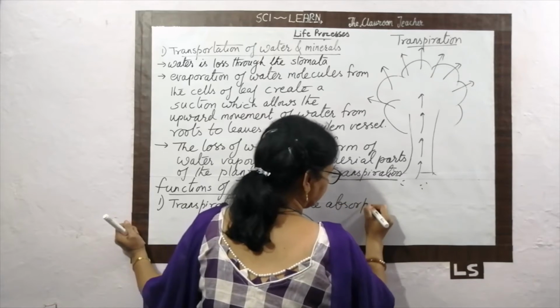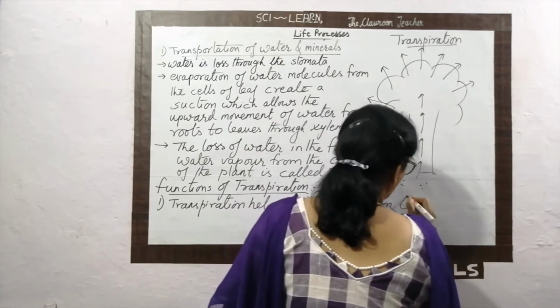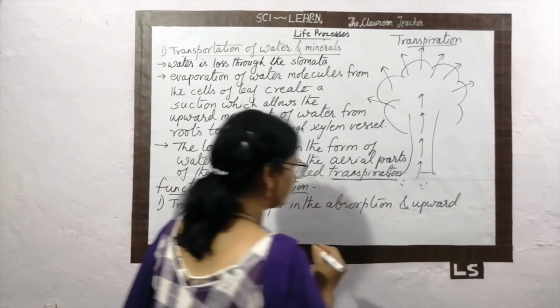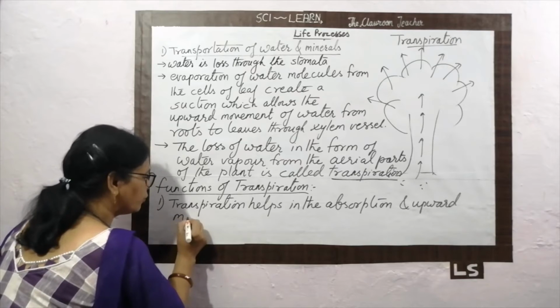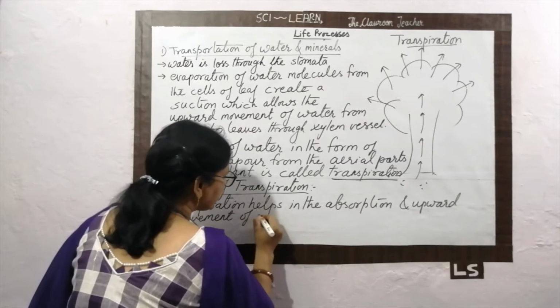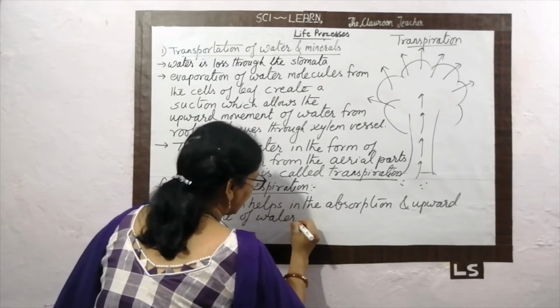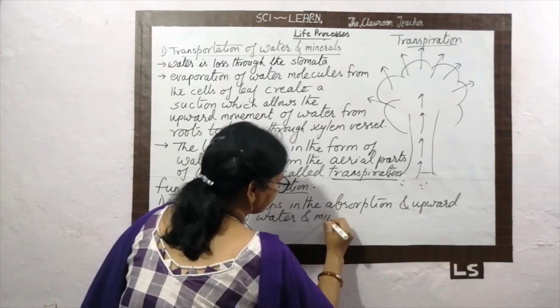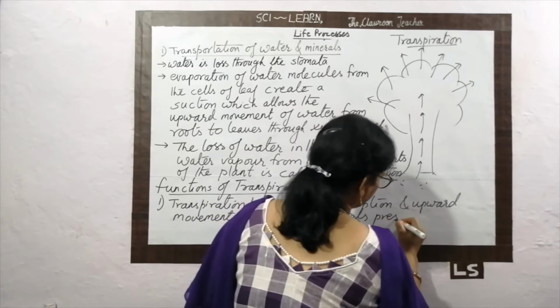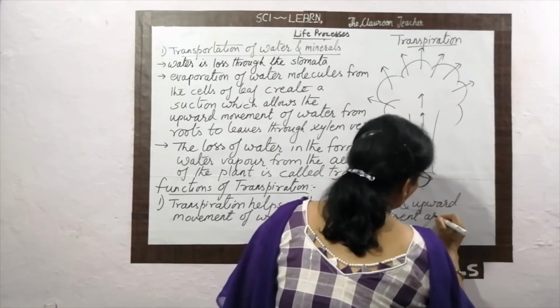Transpiration helps in the absorption and upward movement of water and minerals present around the roots.